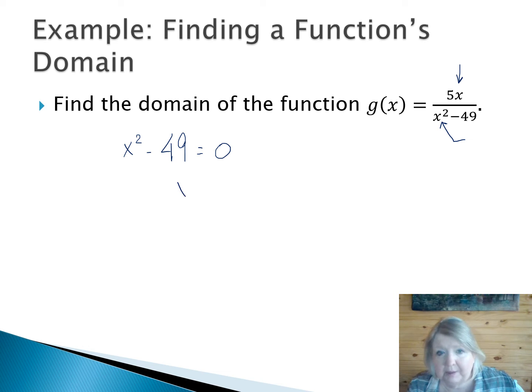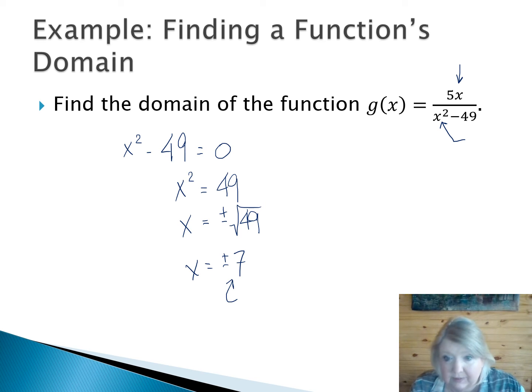Now I'm going to solve by chunking because I think it's faster. Since they said minus 49, I'm going to say plus 49. Since they said squared, I'm going to say, well, let's take the positive and negative square root. And the square root of 49 is 7. So I have two numbers that I have to exclude from my domain, positive 7 and negative 7.